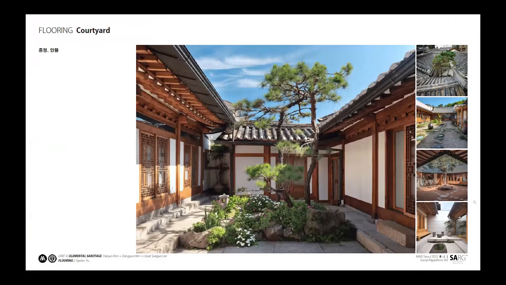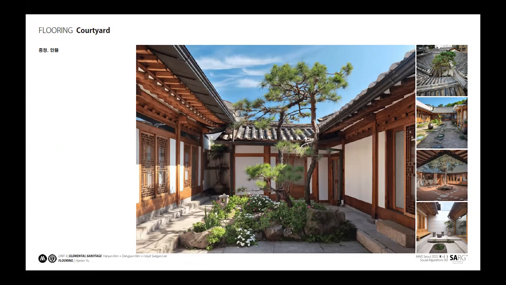So based on it, I selected two elements, courtyard and rooftop, because they're surrounded by architectural elements, not the indoor space that we often thought was the floor.